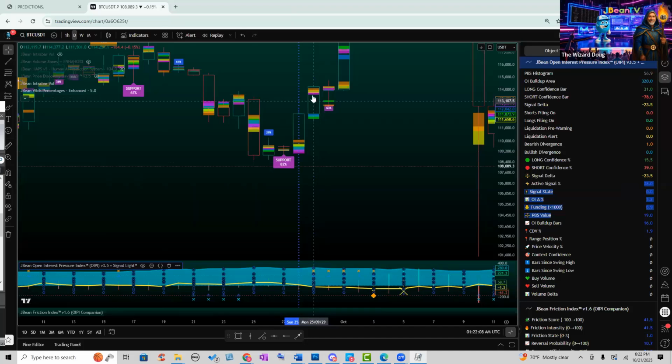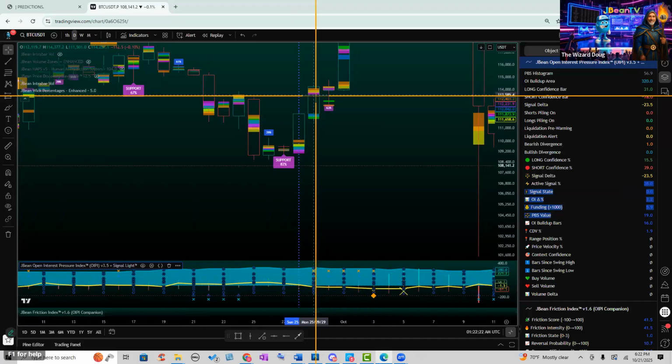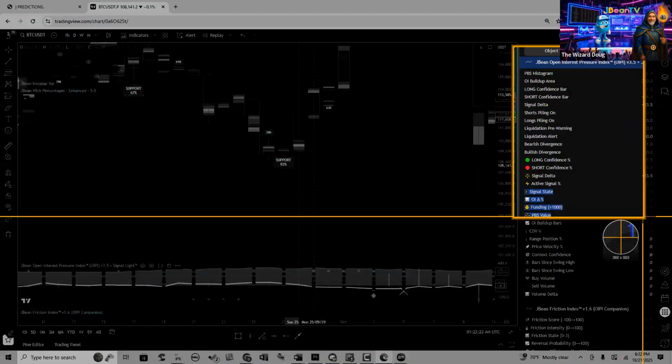The next one's going up, okay? And we can see that, all right? When I go to the next one, I got the volume in the top, okay? And I'm going to take a screenshot of this, and then I'm going to go look at the bottom portion of this indicator for you guys.